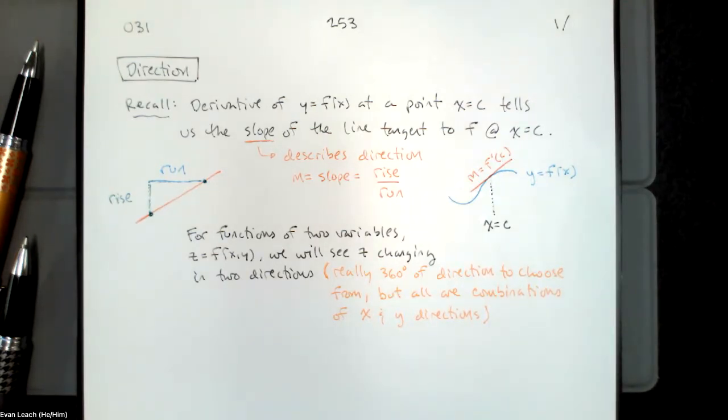Every direction in the XY plane is some combination of X and Y. We've seen this happen before. That's why we need 2 coordinates to describe the plane. Because there's horizontal stuff and vertical stuff. So we really get 360 degrees of direction to choose from, but these are all going to be combinations of these 2 directions, X and Y. We need a way to sort this out.